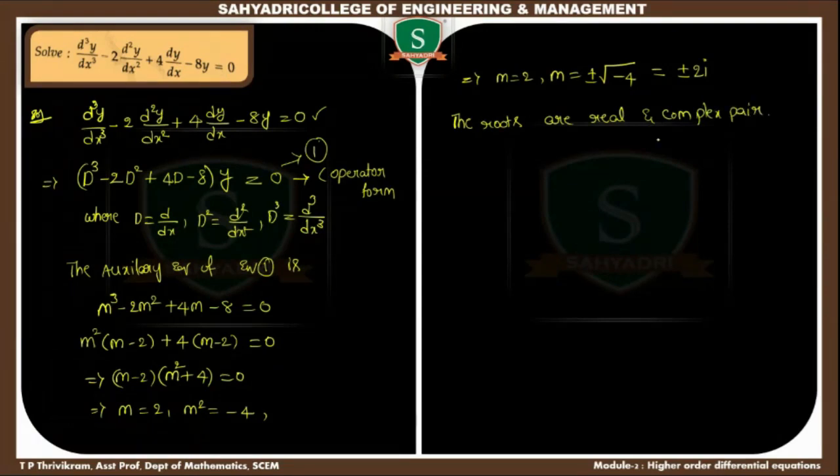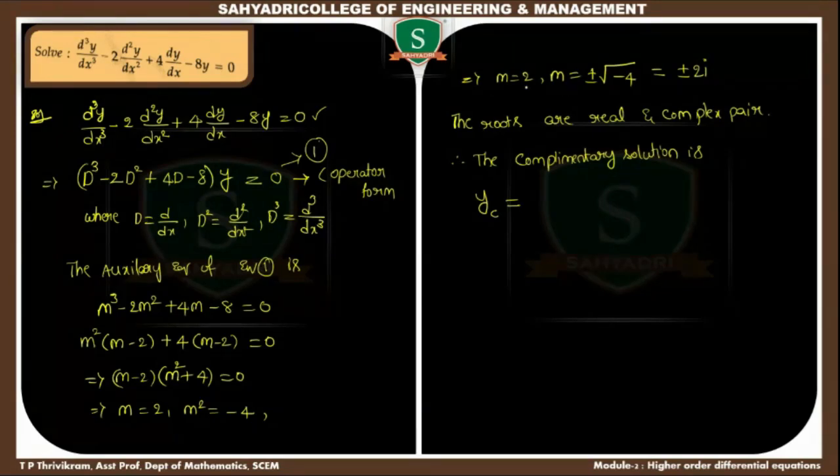Whenever the roots are real and a complex pair, first write the solution like this. Therefore, the complementary solution, denoted as y c, is equal to: the first root is m equal to 2, so c1 e power 2x.